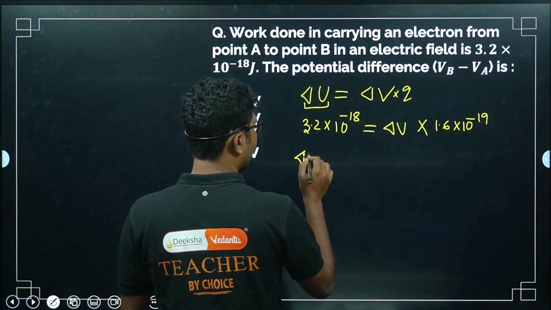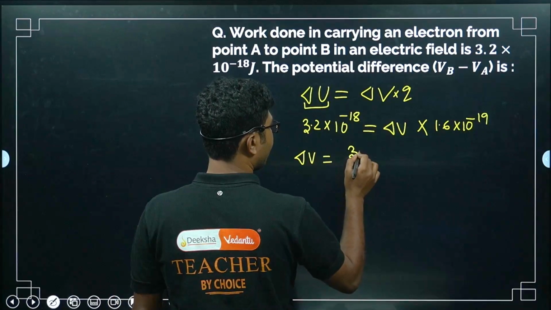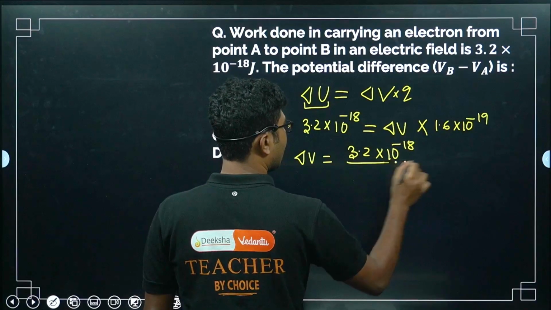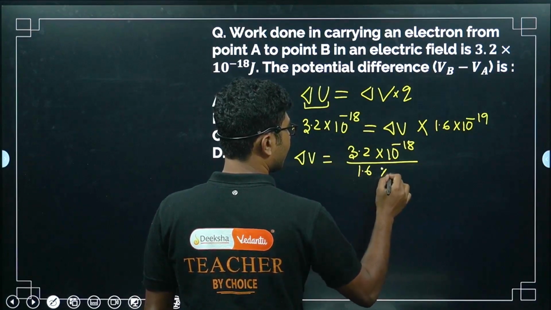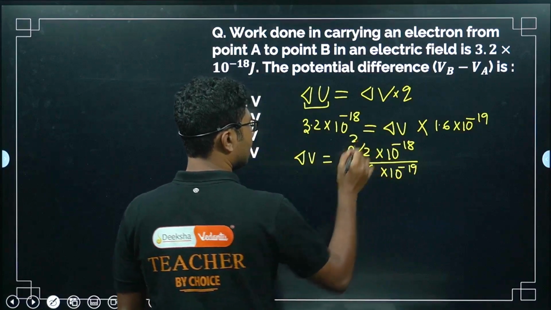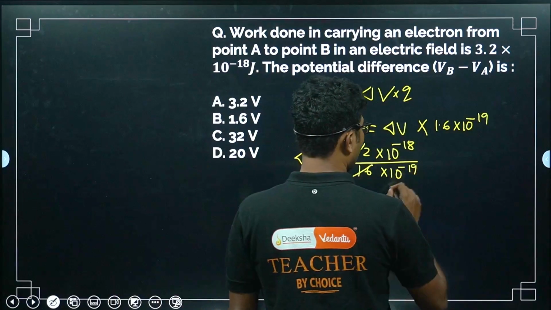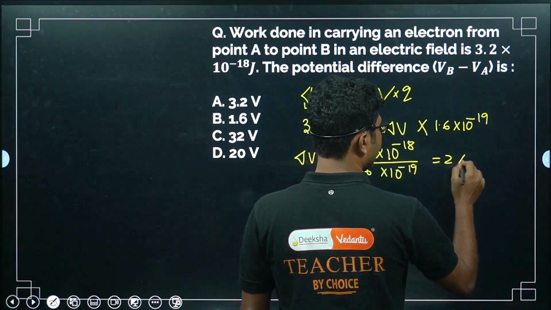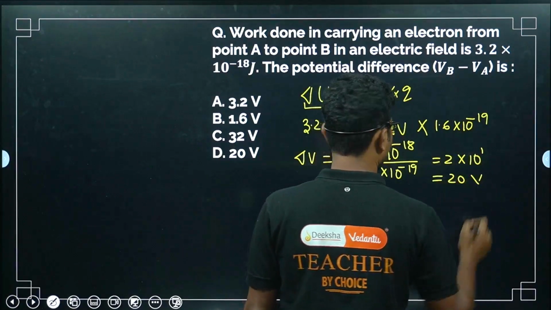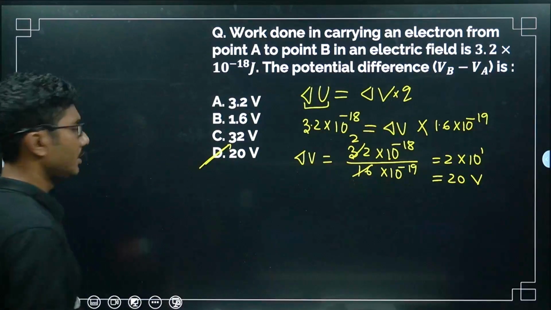So, delta V equals 3.2 times 10 to the power of minus 18 divided by 1.6 times 10 to the power of minus 19, cancels 2. So it will be 2 times 10 to the power of 1, so 20 volts. So the correct answer is option D.